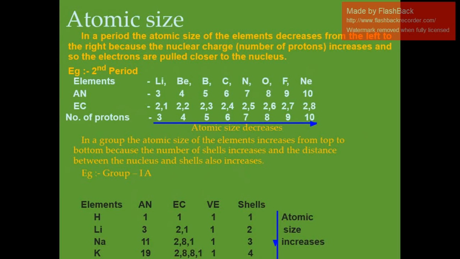The addition of this extra electron takes place in the same shell, but the addition of an extra proton to the nucleus increases the nuclear charge by 1 in each succeeding element. Due to this increased nuclear charge, the electrons are attracted closer to the nucleus and hence the atomic size decreases across a period.